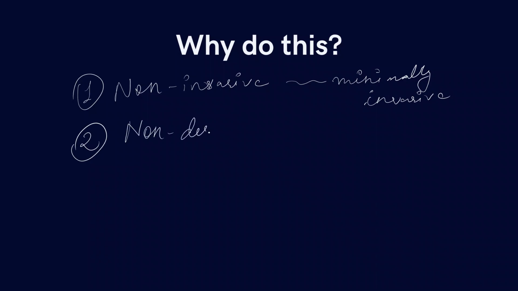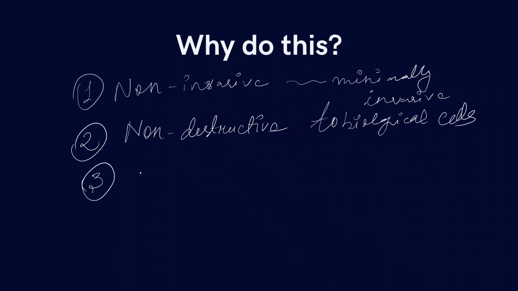So maybe using the visible range, it's usually non-destructive to the biological cells. And it can be used for fundamental applications, really seeing what happens in a single cell or a group of cells, to maybe making a device.